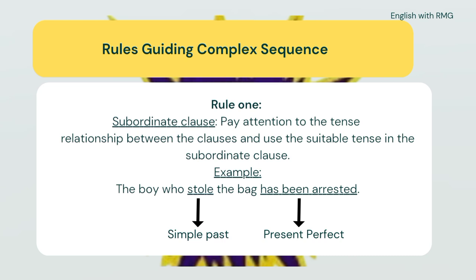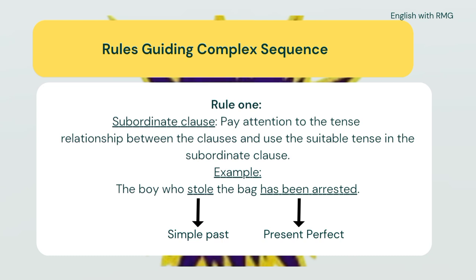We can tell that the moment in which the boy stole the bag had happened before the police or whoever wants to arrest him would now say, okay, let's go and arrest the boy. Do you understand? So this is a sequence, or an order of action. One happened earlier before the other one happened.